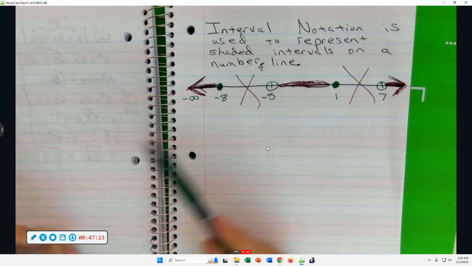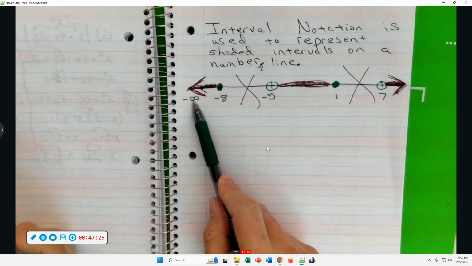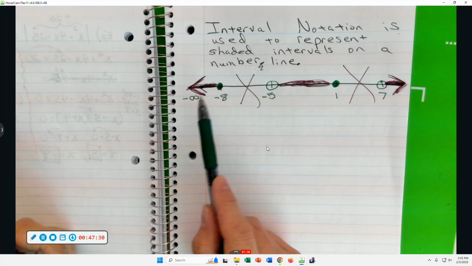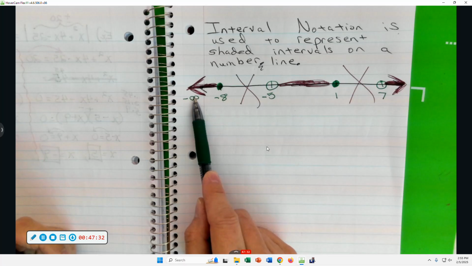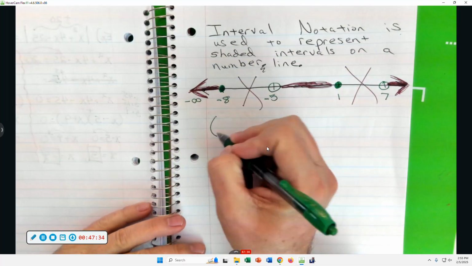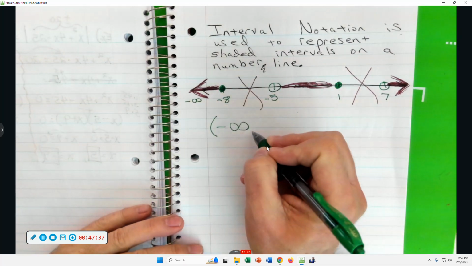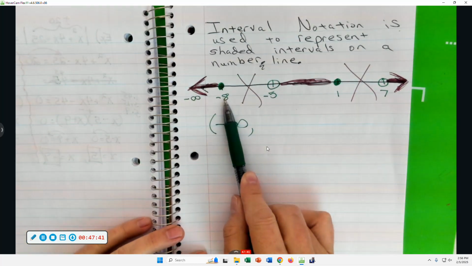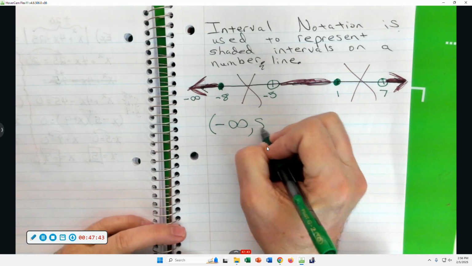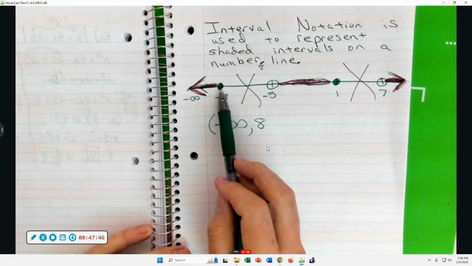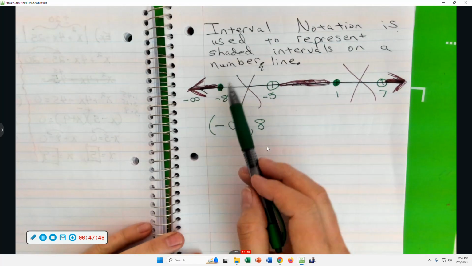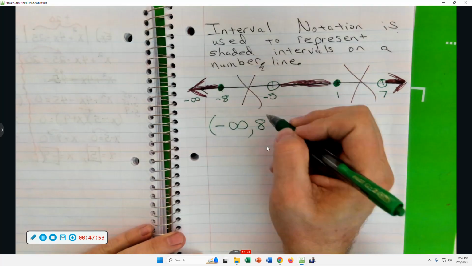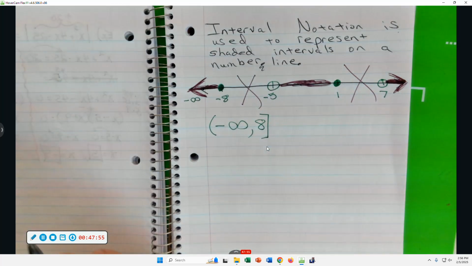To express this first interval with interval notation, you always use a parenthesis in front of a negative infinity. So parenthesis, negative infinity, comma. The right-hand endpoint is a negative 8. To indicate that the negative 8 is closed, that means you're including negative 8. You get there and stop. We're going to put a rectangular bracket after it.